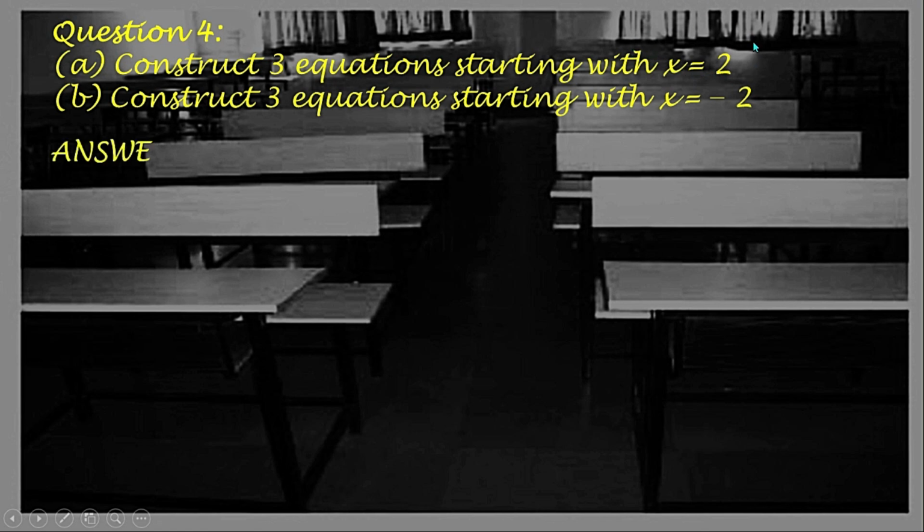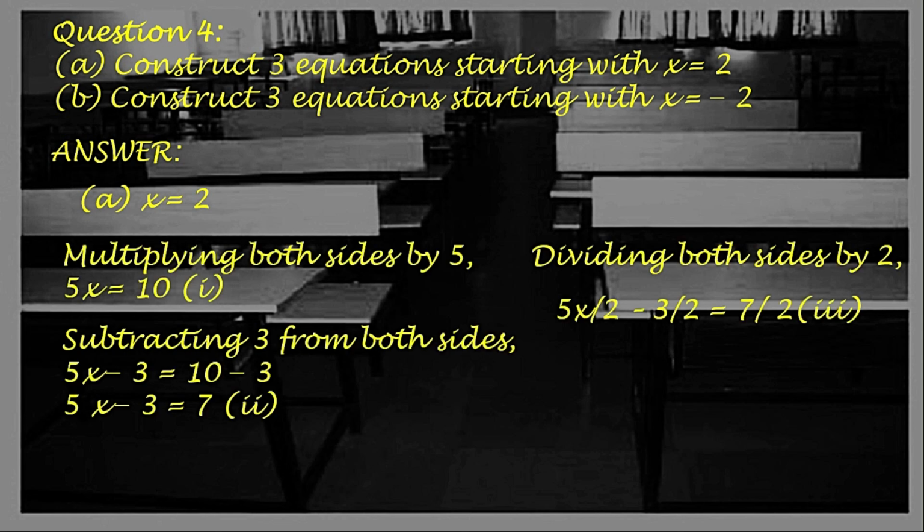See how? First is x equals to 2, and the first step you can do is multiplying both sides by 5, okay? So when we multiply it, what will you get here? 5x equals to 10.